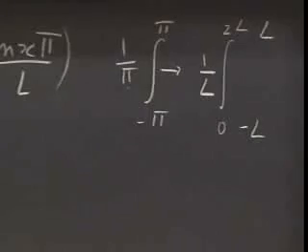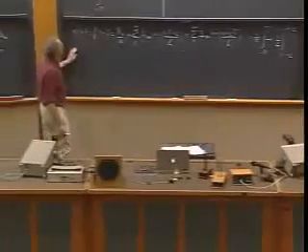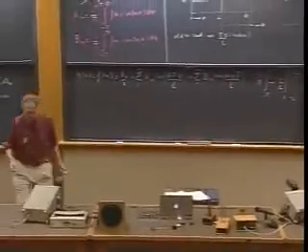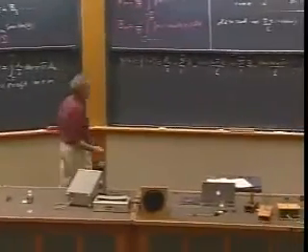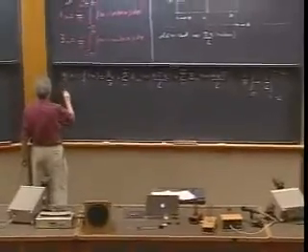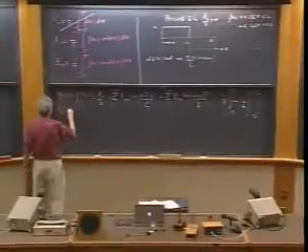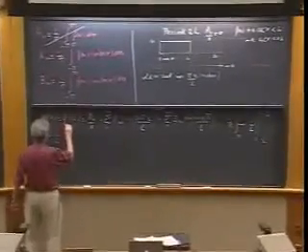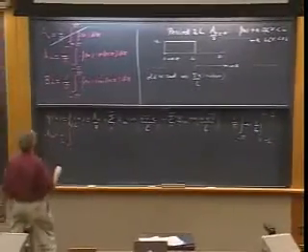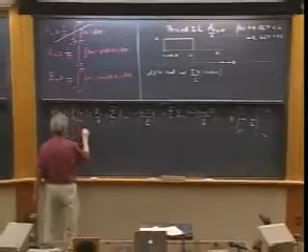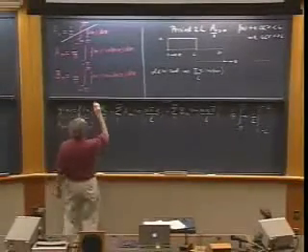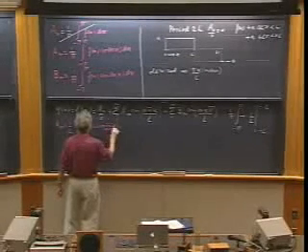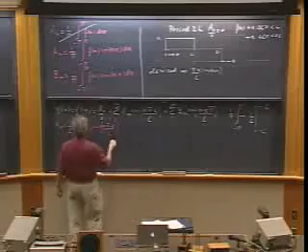To make sure that you're not going to get confused, I'm going to rewrite the recipe for you, and I might as well do that again in red. So we now have that A of m is 1 divided by L times an integral from 0 to 2L of our function of x times the cosine of m pi x divided by L dx.